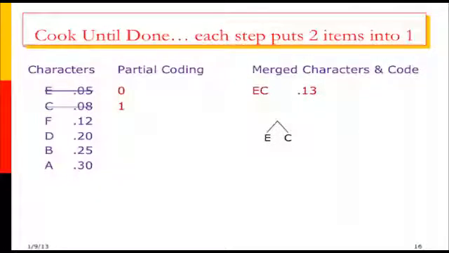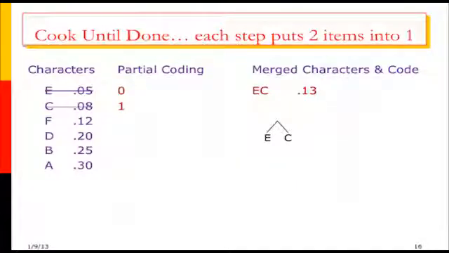And the actually useful way of writing this is by a little picture. The picture shows that the EC that we have up there is going to be represented by something I don't know yet, and then they're going to diverge, and the E will go to the left, and lefts are going to be 0s, rights are going to be 1s.